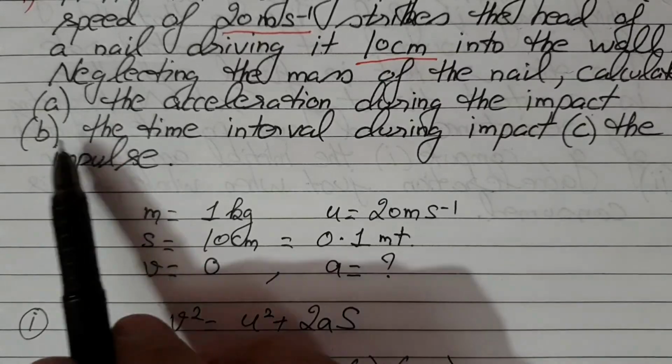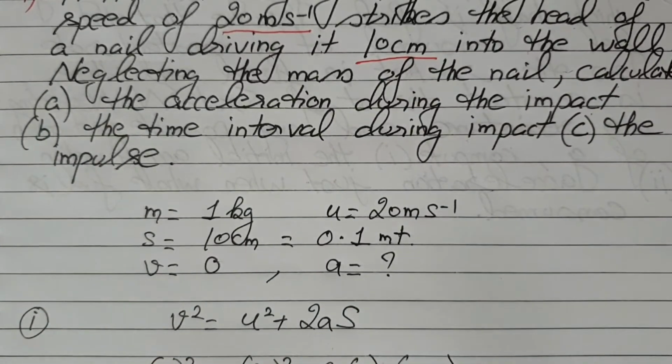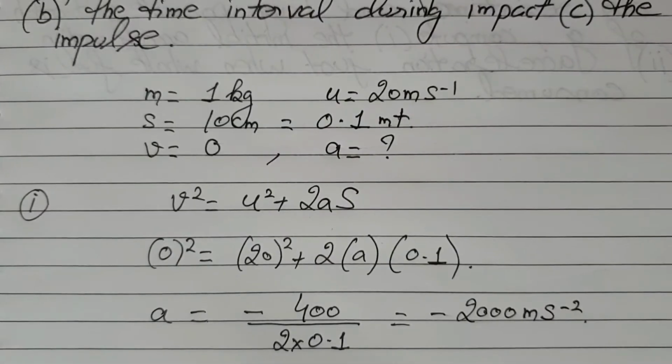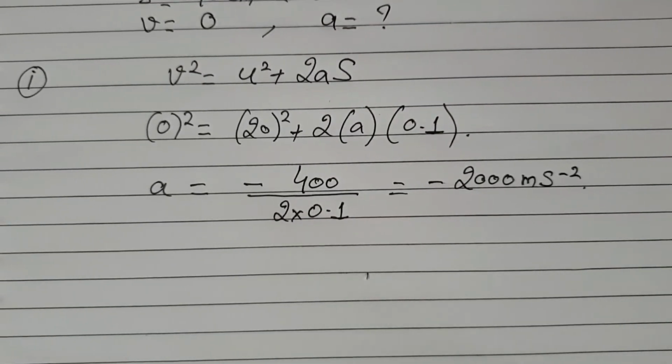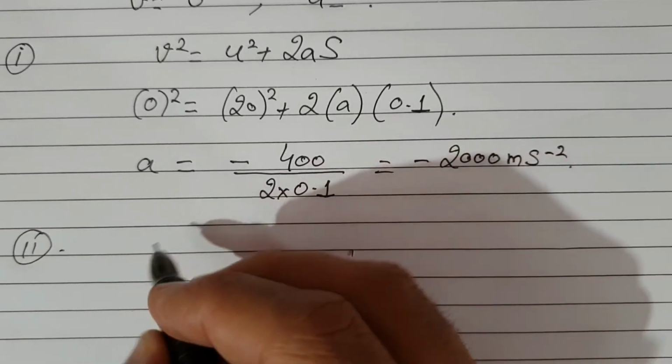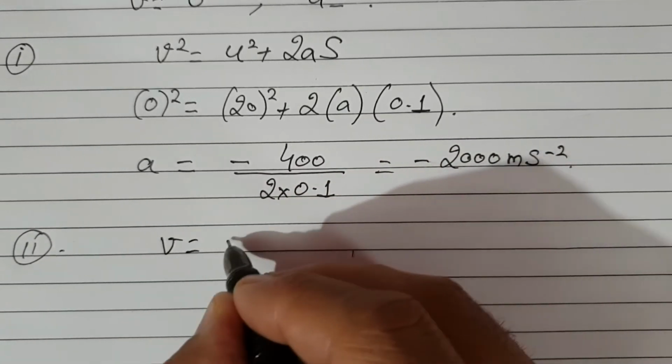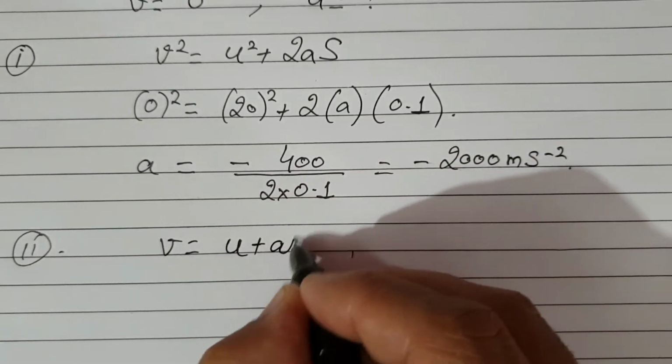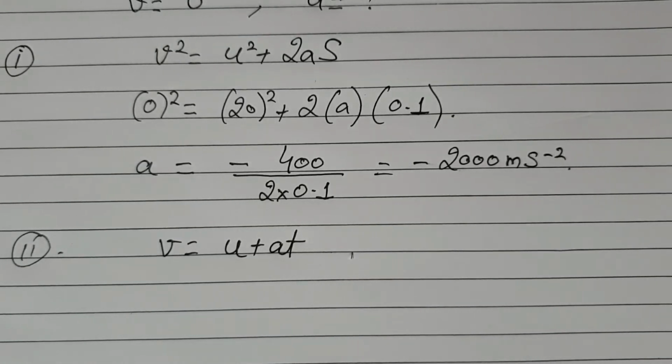Now the second part was the time interval during the impact. Use the first equation of motion. So this is v equals u plus at. Now this is the first equation of motion.